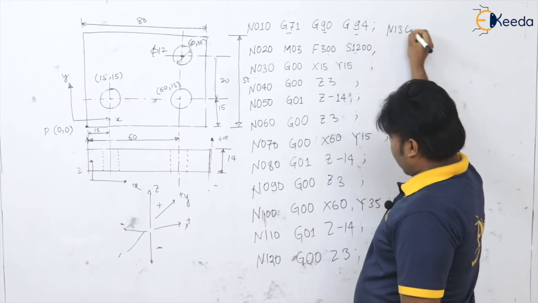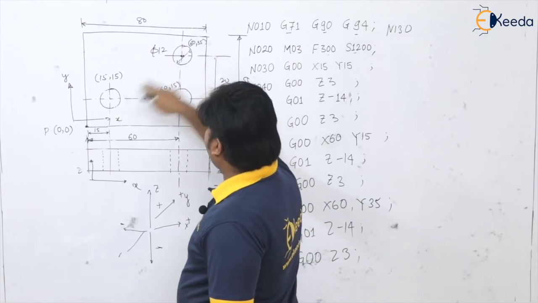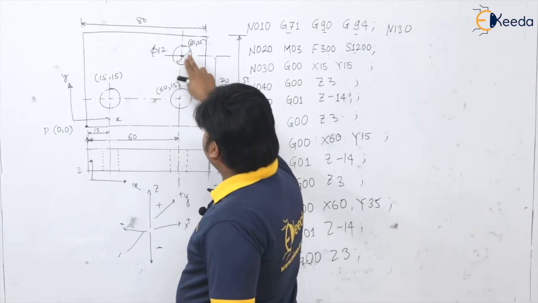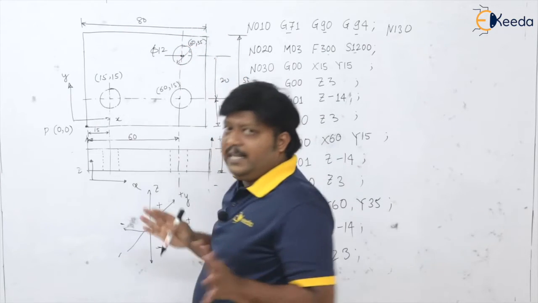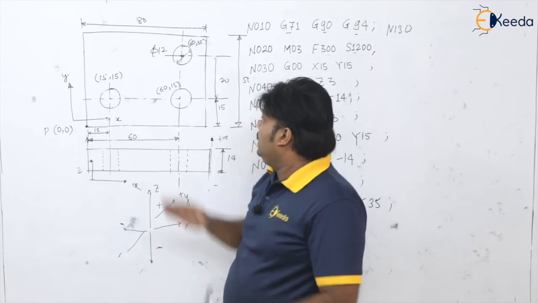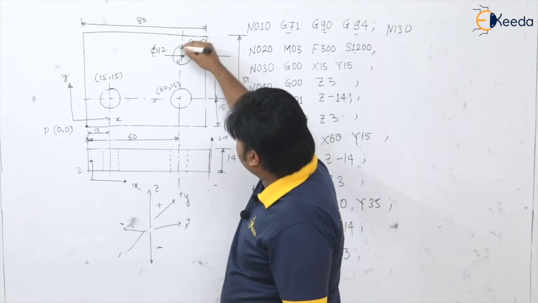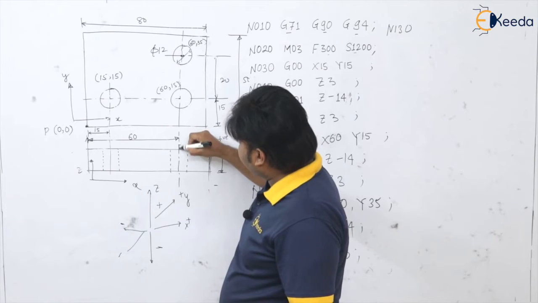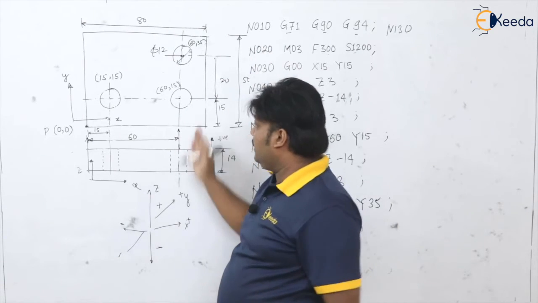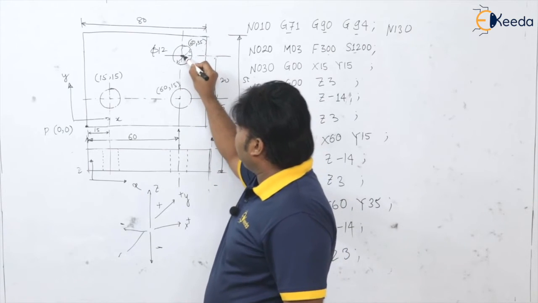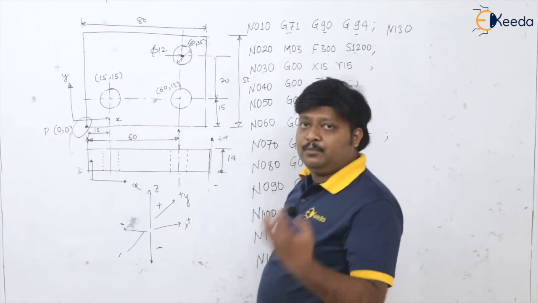Now N130. All three holes are drilled. Now you are just 3 millimeter above. What I suggest is, instead of coming up to only 3 millimeter after drilling the third hole, you can come to the original position, that is 20 millimeter up, and from there directly go to the original reference point.